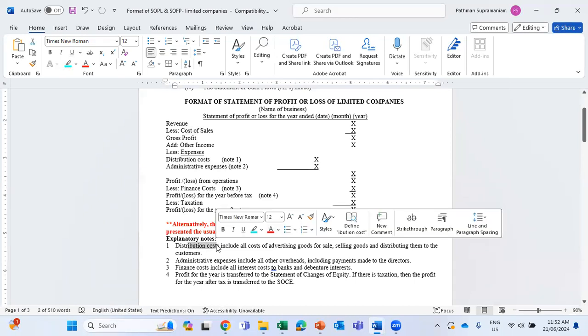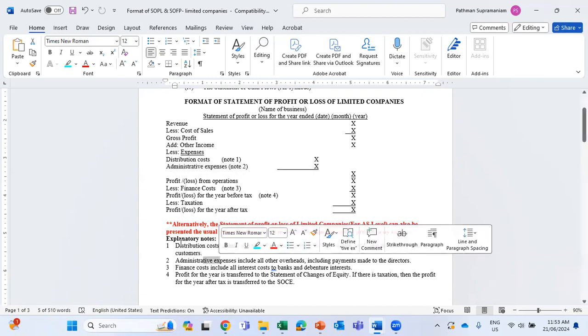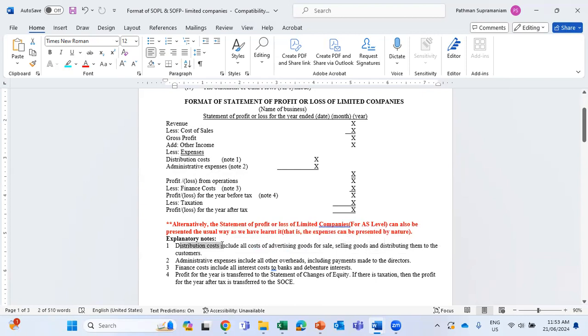Correct or not? Admin expense is about what happens inside the office, the day-to-day running of the office, like the pantry, the accountant's salary. These are people who don't go out to meet customers. Their work is they stay in the office. You understand? The managing director. But if he's sales director, sales department director, his salary will be under distribution because it's the sales department.